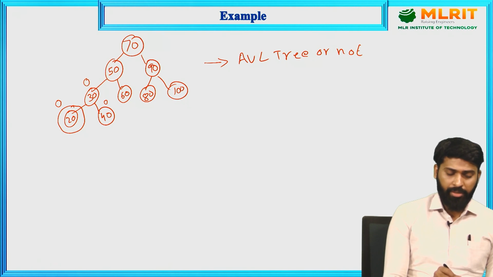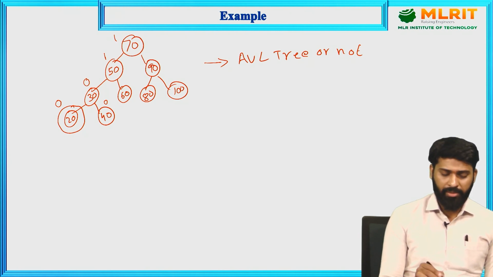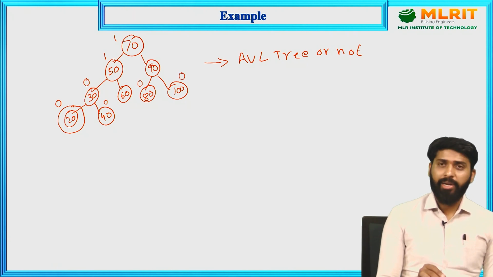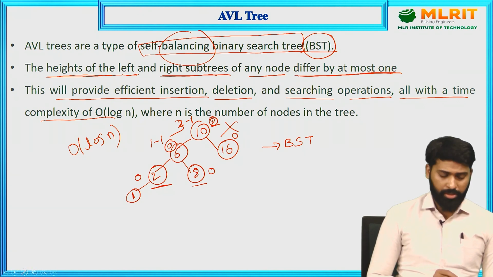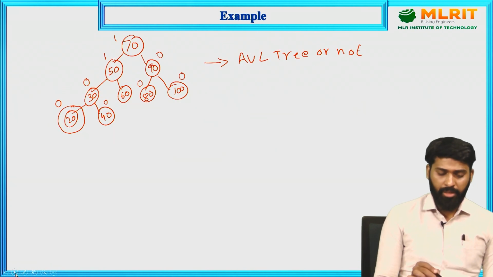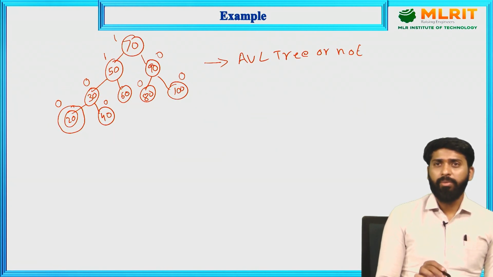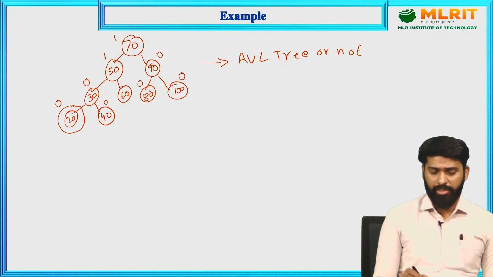For 50, left is 2, right is 1, so it is 1. For 70, the left is 3, right is 2, 3 minus 2, 1. So, it is balanced. For 80, it is 0. For 100, it is 0. For 90, left is 1, right is 1, so 0. What is the definition? The heights of the left and right subtrees of any node differ by at most 1. If you observe here, the heights do not differ by more than 1, so it is an AVL tree.